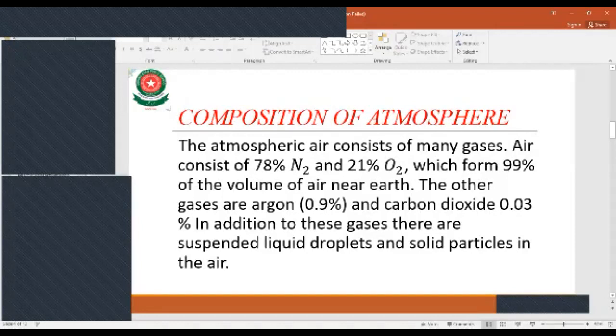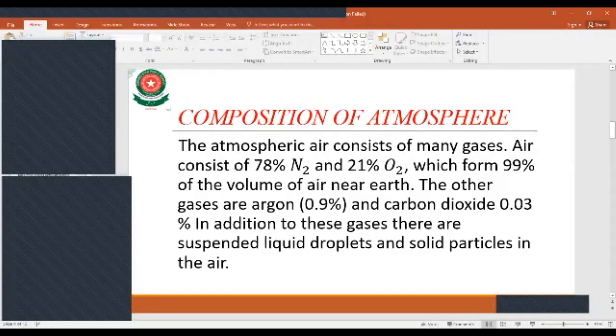If we add N2 and O2, there will be 99% of the volume of the air near the earth. The other gases are argon, which is 0.9% of the whole volume, and carbon dioxide, which is 0.03%.